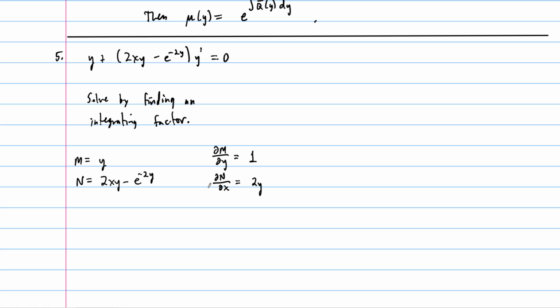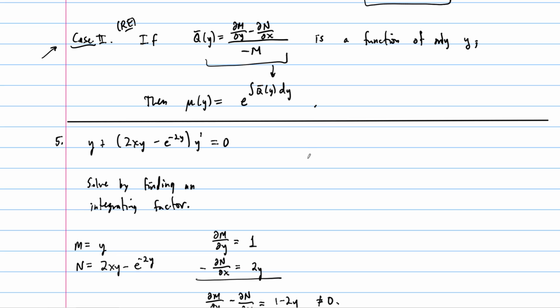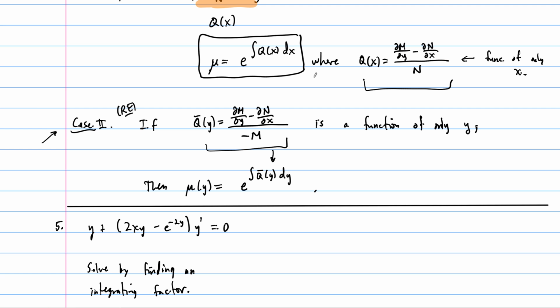And obviously this difference is not 0. So this difference, dM/dy minus dN/dx, is 1 minus 2y. That's obviously not identically 0.